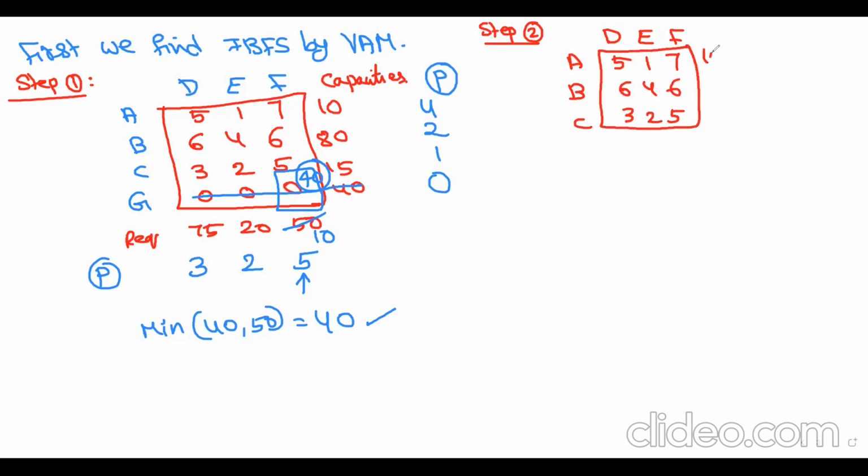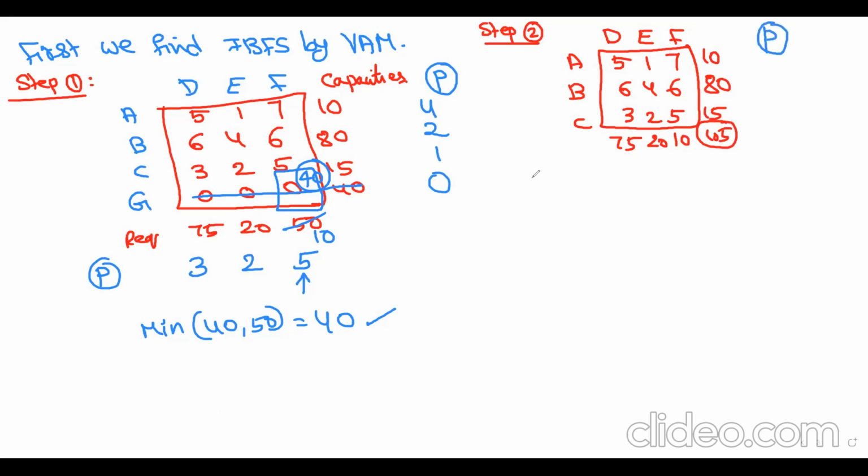And here 10, 80, 15. And here we have 75, 20, 10 also we have. Total 105 we have. Now write the penalties for this one.